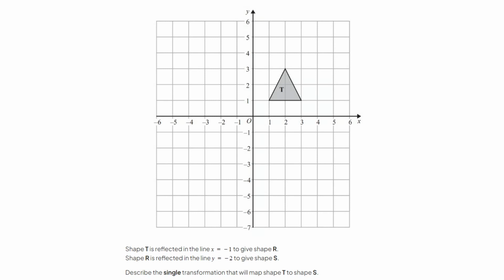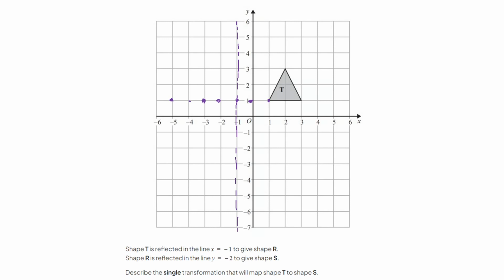So x equals -1 is here. I'll do this in purple first. And so we're going 1, 2. So then we need to go 1, 2. There's my first point. Next point we go 1, 2, 3, 4. So we need to go 1, 2, 3, 4.